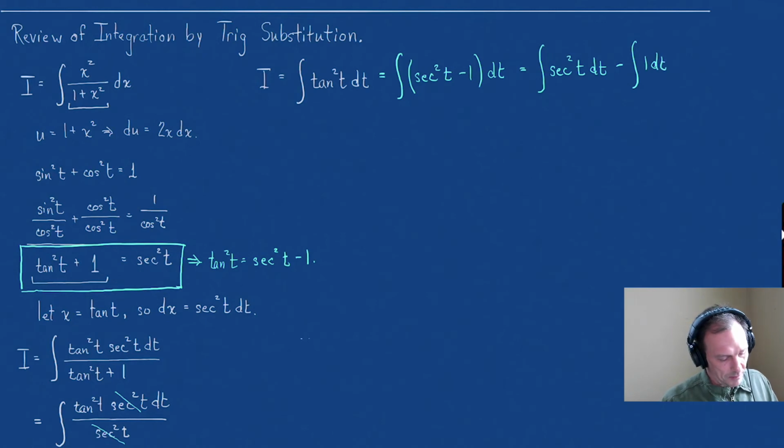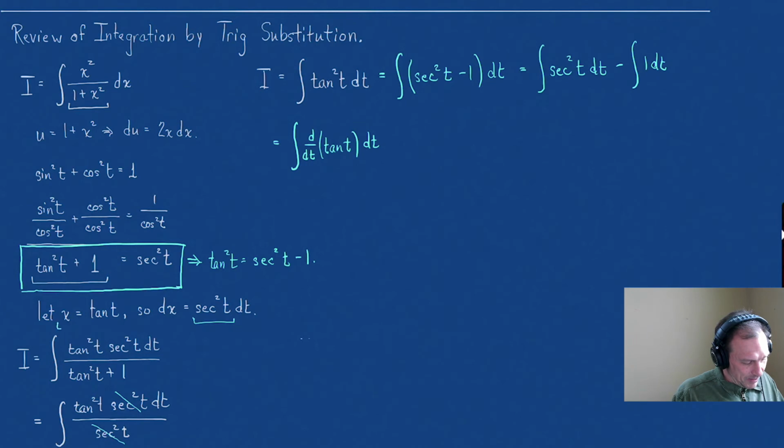Okay, well, let's keep going now. The secant squared, that one's not so obvious until you look back to our initial comment: the secant squared of t is equal to the derivative of the tangent. If I take the derivative with respect to t of the tangent of t, that is secant squared.